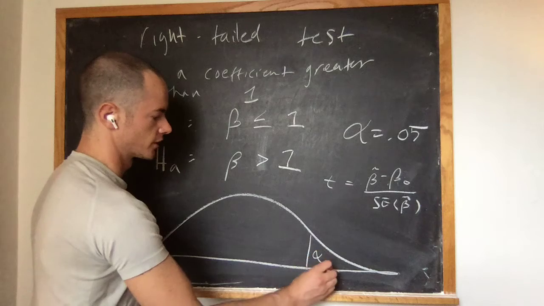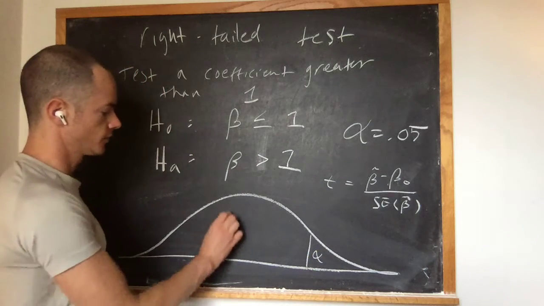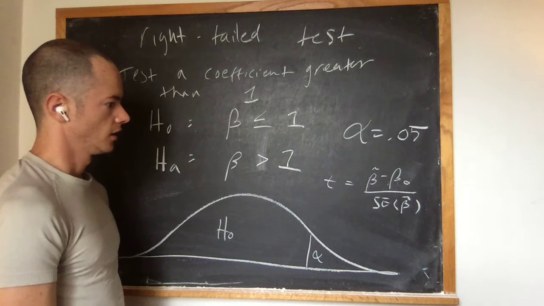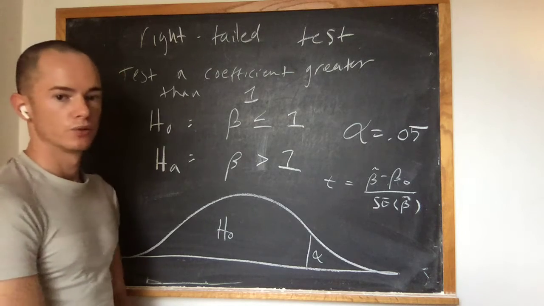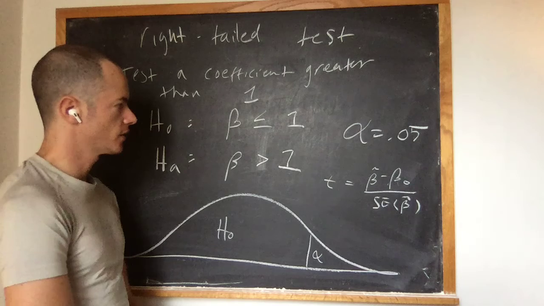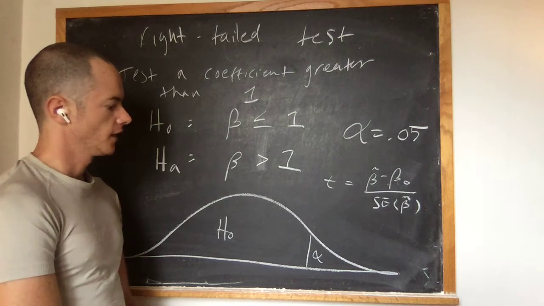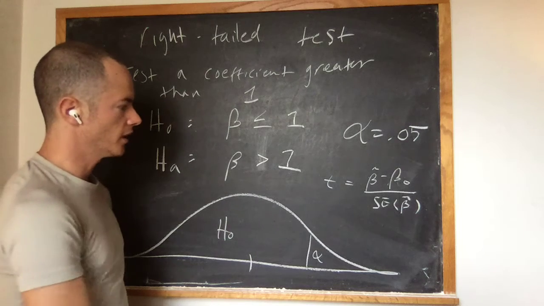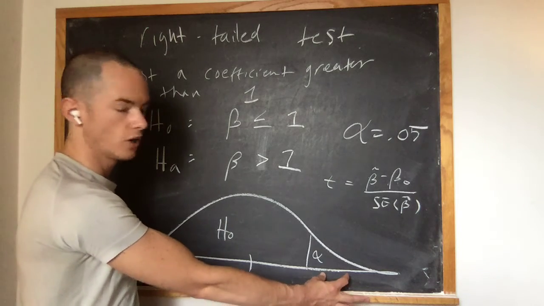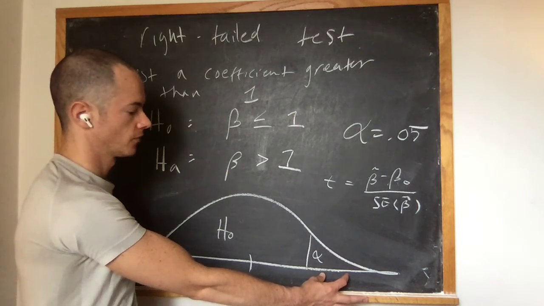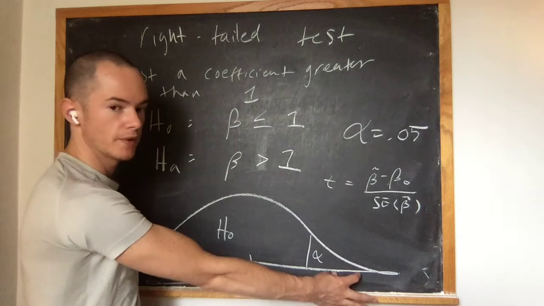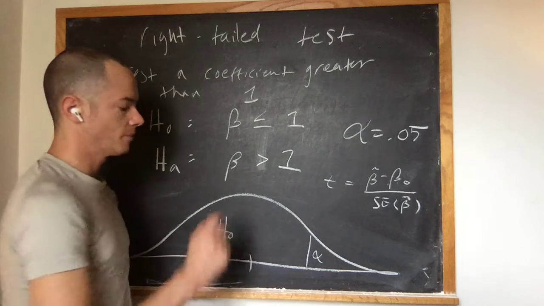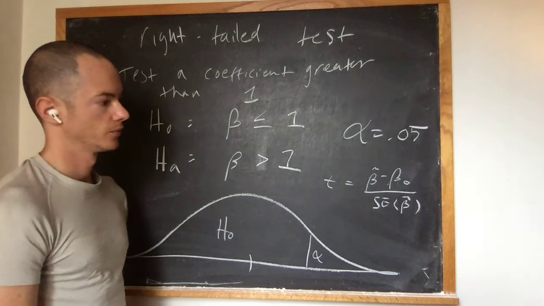Here's the rejection region. This is where the null hypothesis is true. What we want to do here is show with our test statistic that the difference between beta and 1 is so large, so high up on this distribution, that the null hypothesis can't possibly be true.